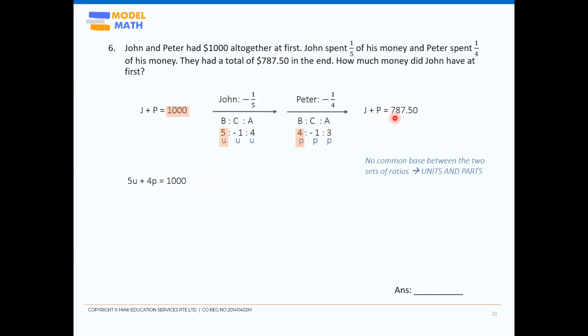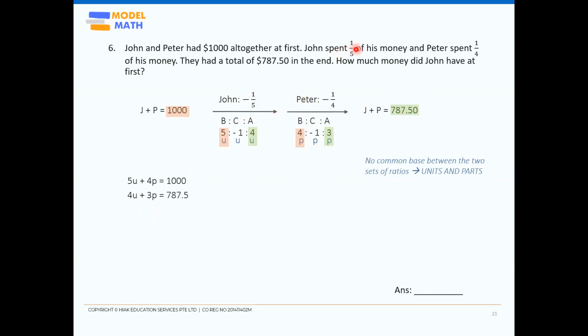Now we're going to do the same for the $787.50. This is the in the end, so I look at the after. John's after is 4U. Peter's after is 3P. Hence 4U plus 3P equals 787.5.